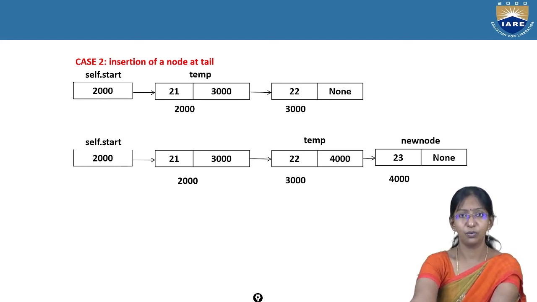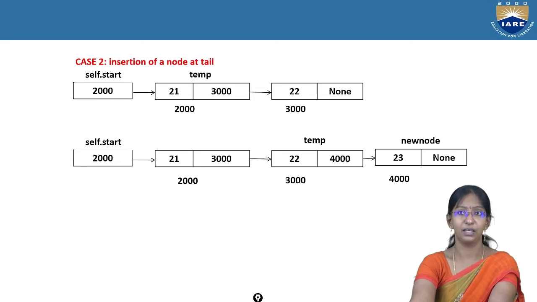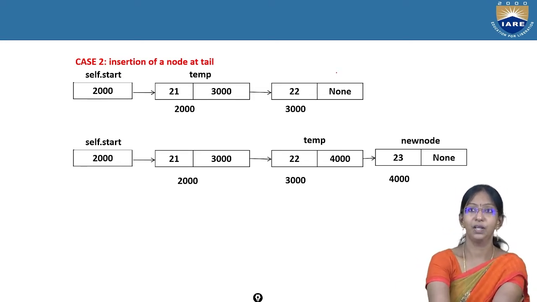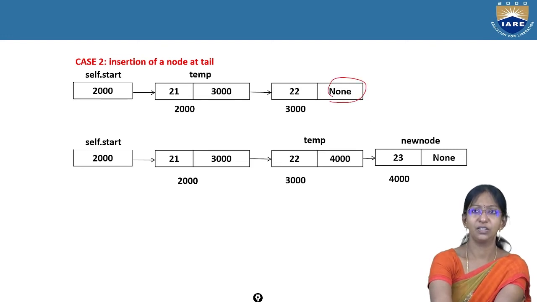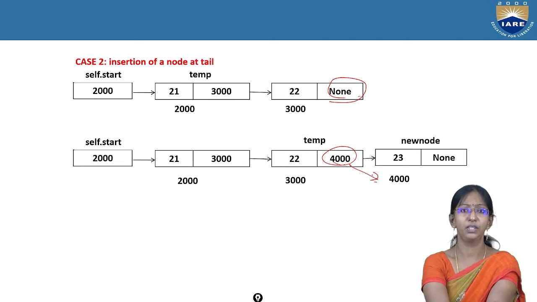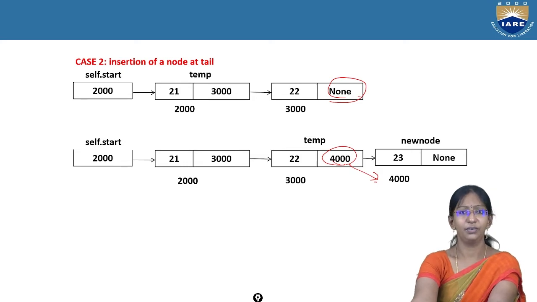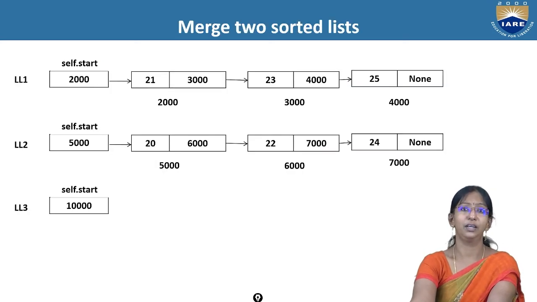Once you reach that node, which is the last node of the linked list, store the address of the new node in temporary's next. Have a look at this one: initially it is None, now it is filled with 4000, which is the address of the new node. Thereby, you have inserted an element into the list. This is how we can create it.